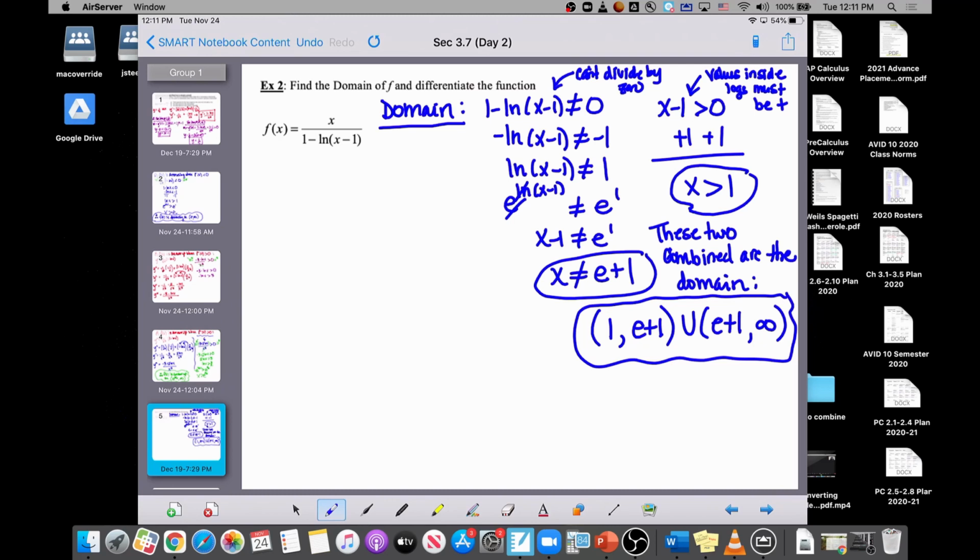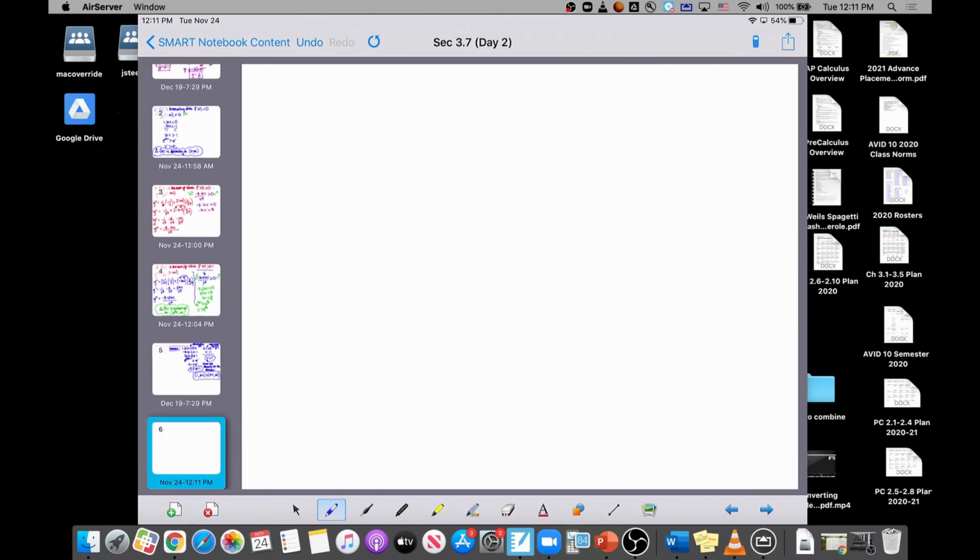And now they want us to find the derivative of f, which is going to be a little bit more complicated. So here's my f of x, which is equal to x over 1 minus natural log of x minus 1. Okay, so this is definitely going to be quotient rule.